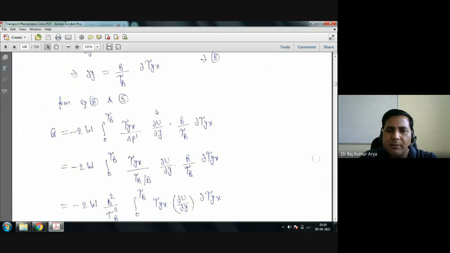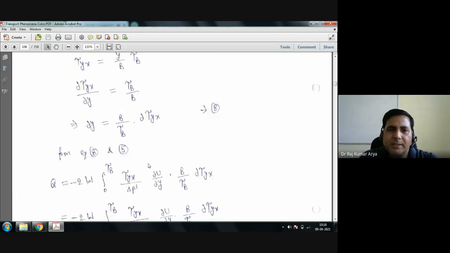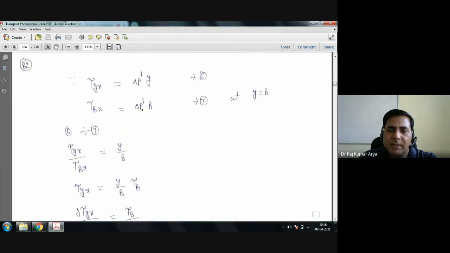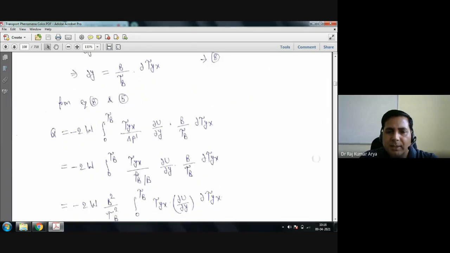So everything you have converted in terms of shear stress now, right? But you have del u upon del y also. Let's see if you rearrange it, what you get. You have one term delta p dash, and at the place of delta p dash you write tau b upon b, from this expression.